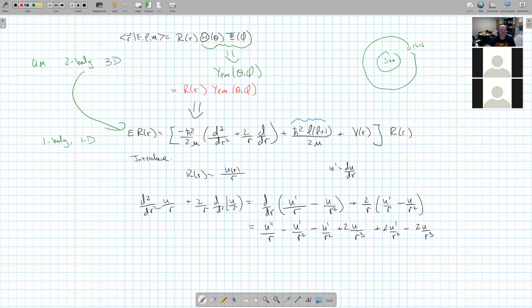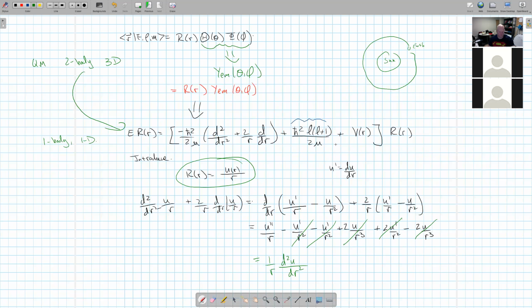That's it. Notice this term here is the same as this term with an opposite sign. These two terms combine together to give me a minus 2u prime over r squared, which is the same thing as this term. So this term and these two terms cancel, which means I'm left with 1 over r times the second derivative of u with respect to r. So by introducing this new variable u, we can reduce this down to a single derivative, which now just depends on u instead.